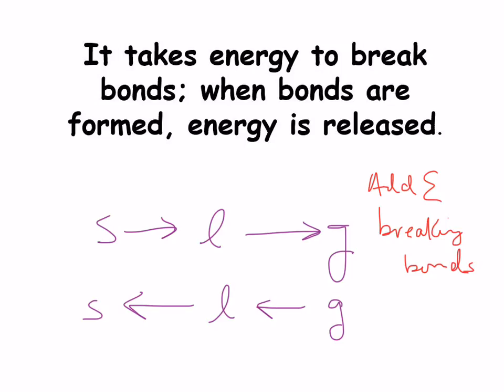Sublimating. If I go from a solid to a gas, I'm sublimating if I skip the liquid stage. But what if I go from a liquid to a solid? Think of your ice cubes. Freezing. Yep, freezing. You got it. Freezing, and this is condensing.